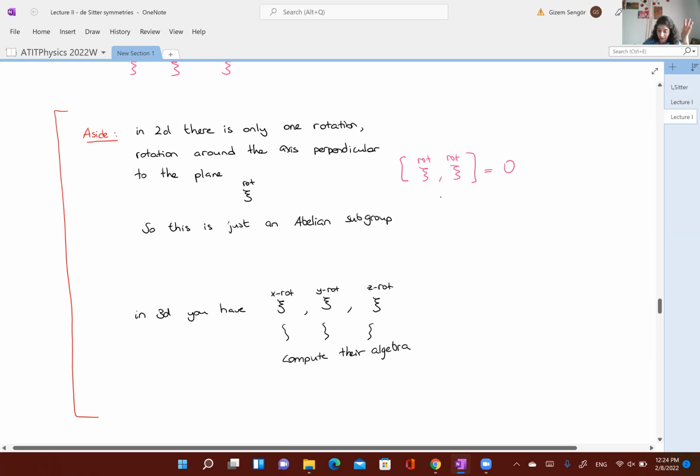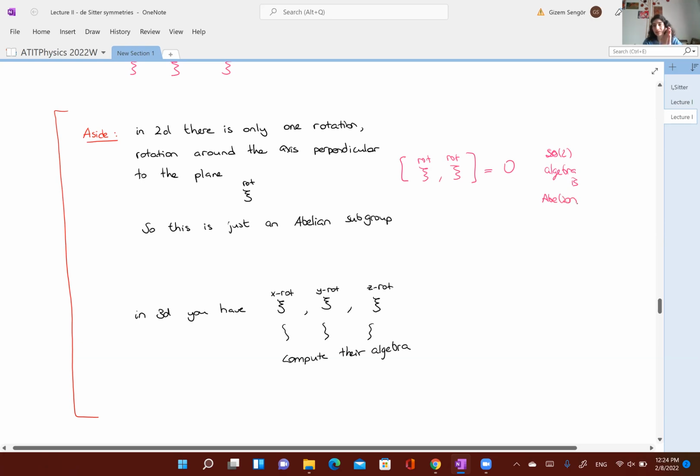Like in this algebra of just rotations, so this is just the so2 algebra, not the inhomogeneous part, we only have one generator. So this is the full so2 algebra. These are small letters. So this so2 algebra is abelian.